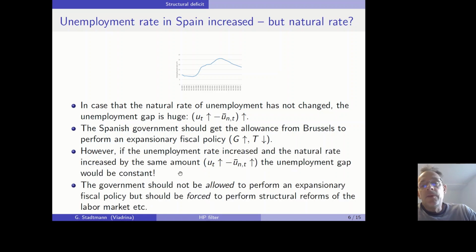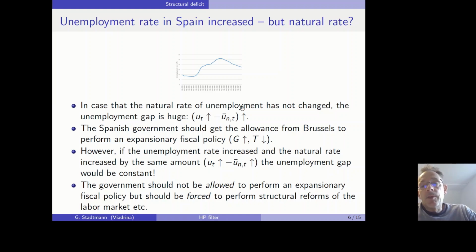However, if the unemployment rate increased and the natural rate increased by the same amount, then the unemployment gap would be constant. And in this situation, the government should not be allowed to perform an expansionary fiscal policy, but should be forced to perform structural reforms of the Spanish labor market.